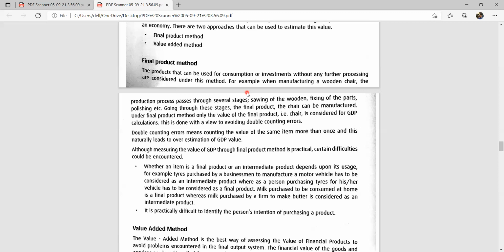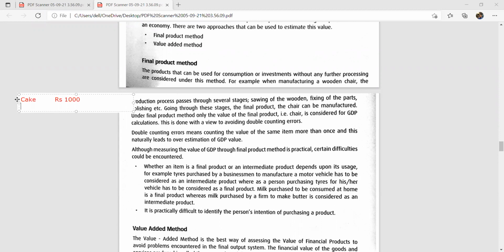What is value added? Value of the sugar company, wheat flour, coloring company, plus value added of the cake. For example, the cake manufacturer produced 1,000 worth of cake.